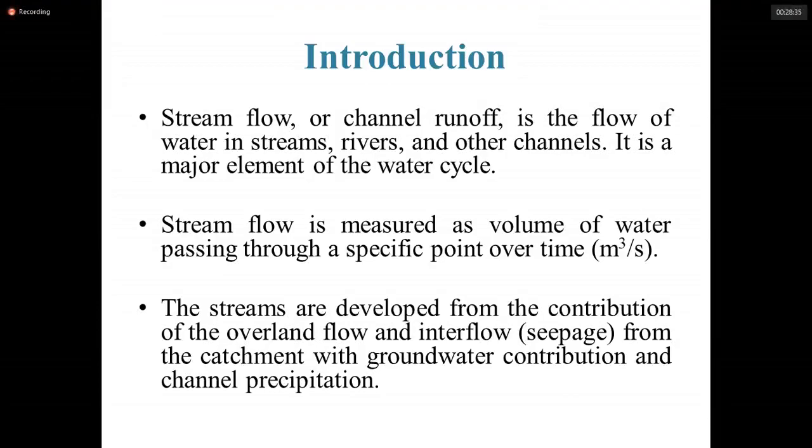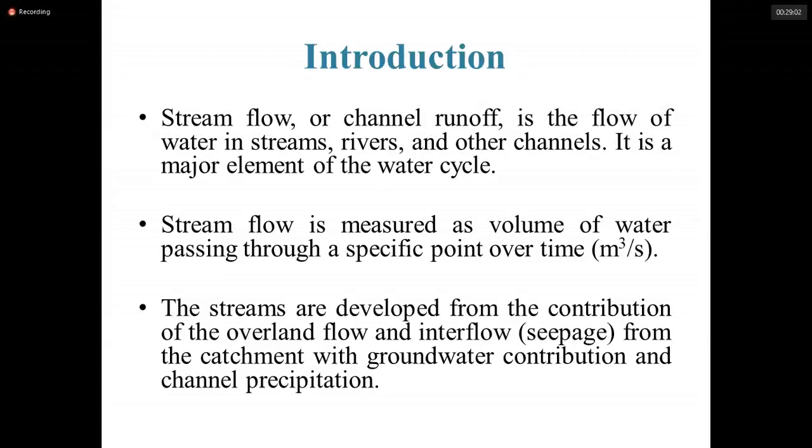It is a major element of the water cycle. Stream flow is the only part of the hydrologic cycle that can be measured accurately, rather than precipitation and interception. Stream flow is measured as the volume of water passing through a specific point over time.